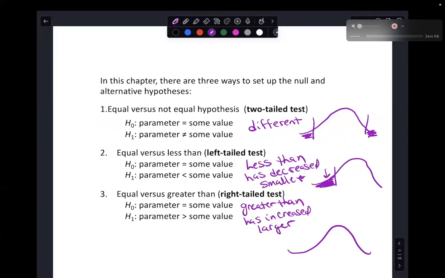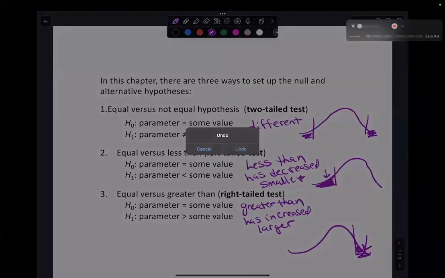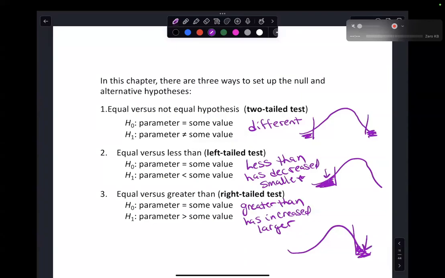And it's not getting any better. So I would be looking for, does my alternative hypothesis land me up above and the right side of my curve? So these are the three types of null and alternative hypotheses we're going to set up. Don't worry, we're going to do several of these, and hopefully it'll make sense to you. I'm going to give you a minute to write stuff down.